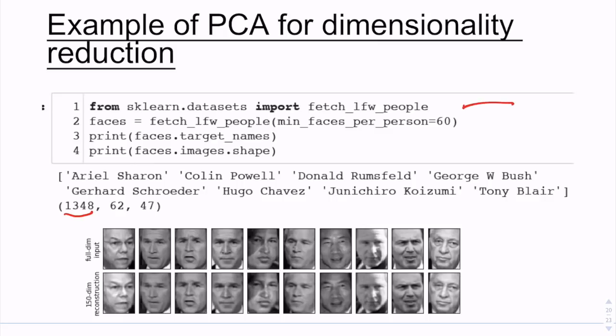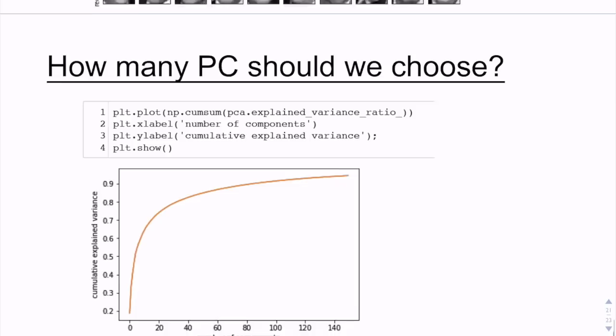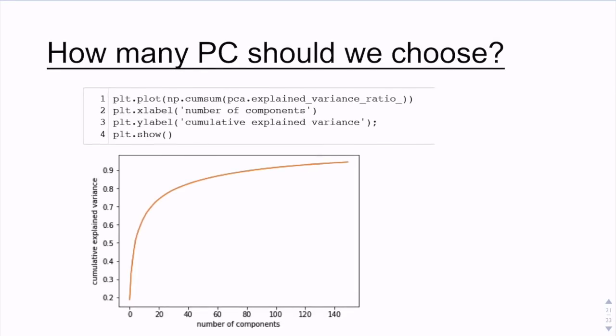So this part basically loads the data. These are some standard libraries in scikit-learn, and we have 1,348 images. Each image is 62 by 47 pixels. And this is one example, plotting one example of this case. If you apply the principal component analysis on these data sets, the cumulative explained variance looks like this.